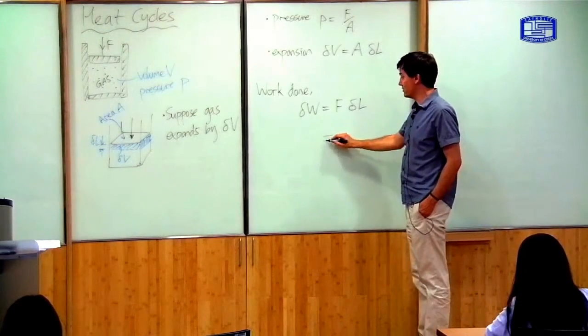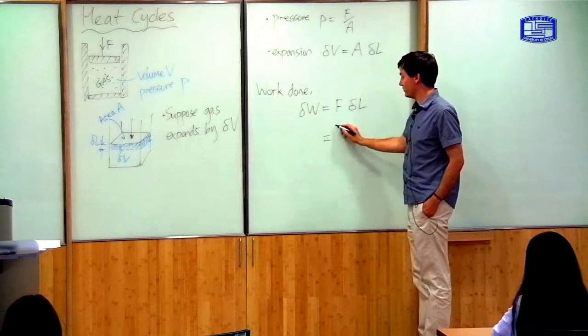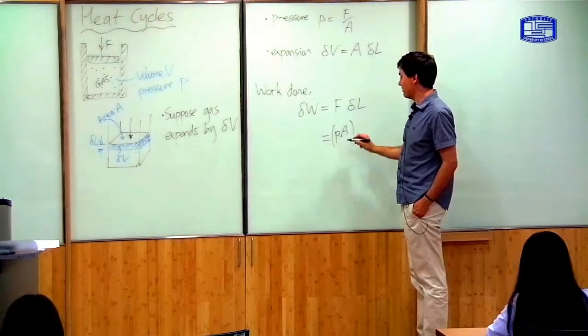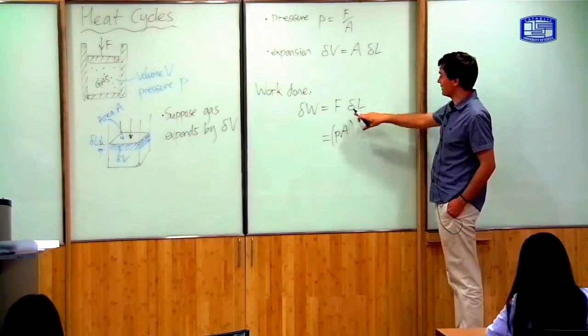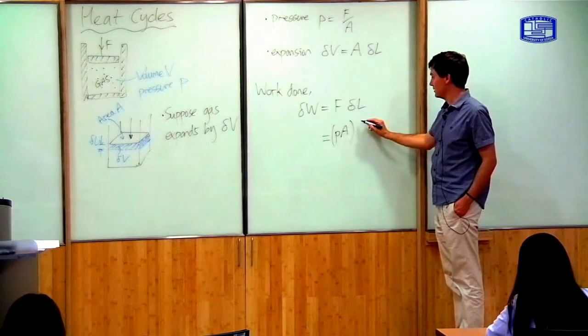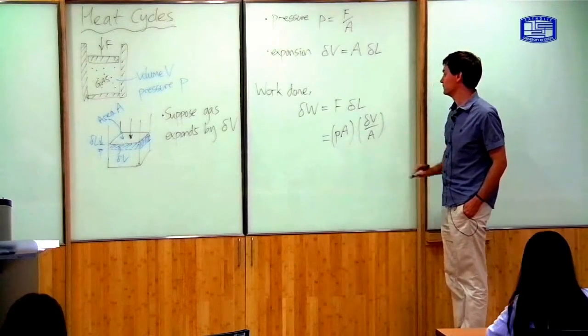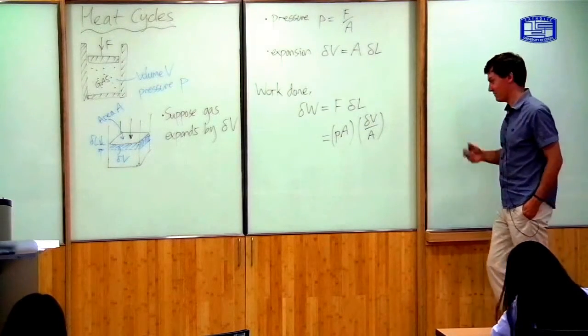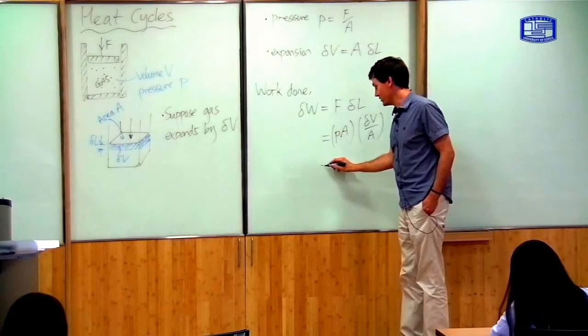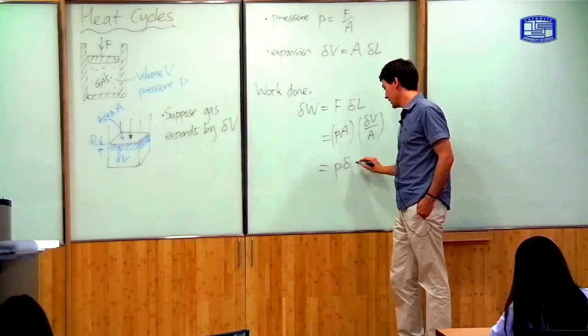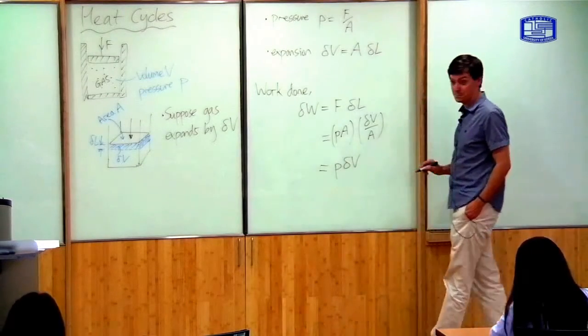Okay. But now I can use these two equations above. First of all, I can write force is equal to pressure times area. And then secondly, I can write delta L is equal to delta V divided by area. And you see that the areas cancel, and therefore you conclude that the work done by the gas is equal to the pressure of the gas times its increase in volume.